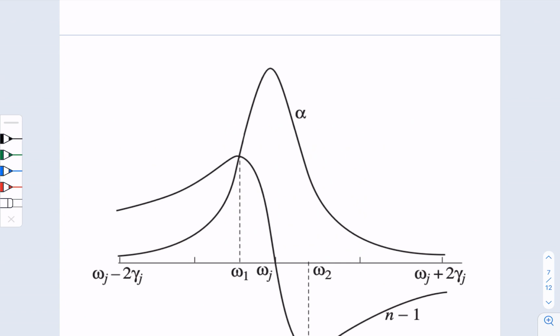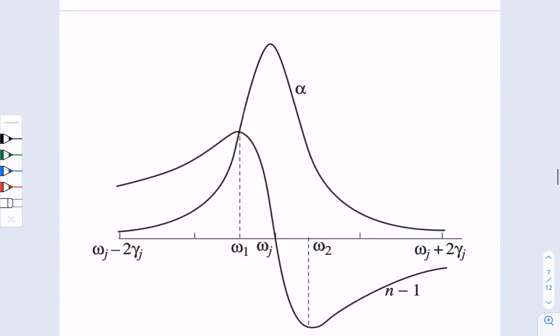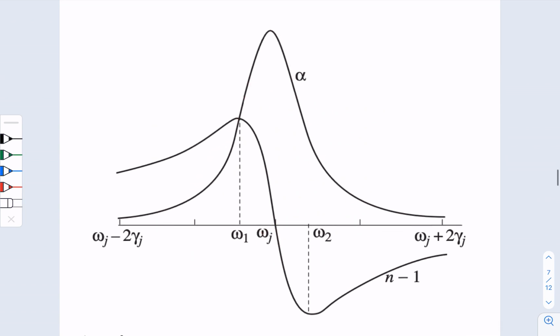So this light can be absorbed by the atoms, which results in some loss. So the alpha, you can think of as the amount of absorption by the material. So near this resonance frequency, the absorption is huge, but it also indicates a strong change of the index of refraction.